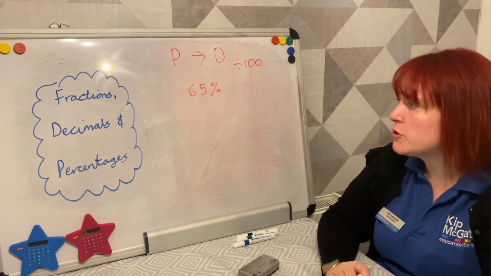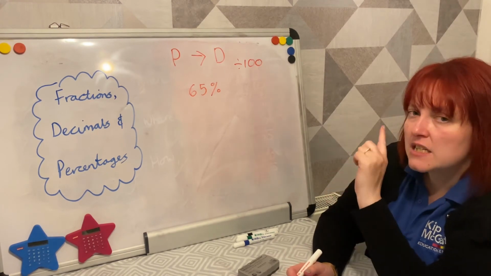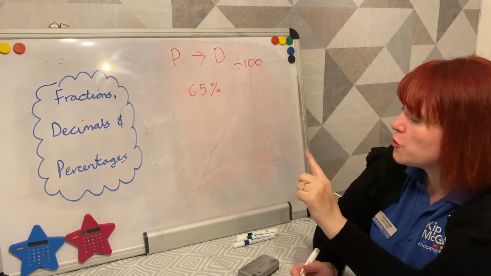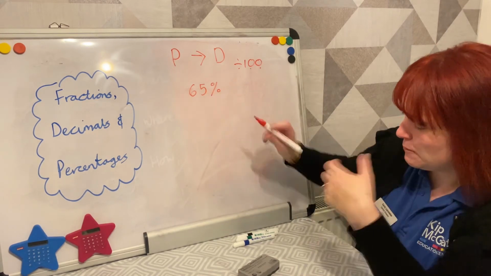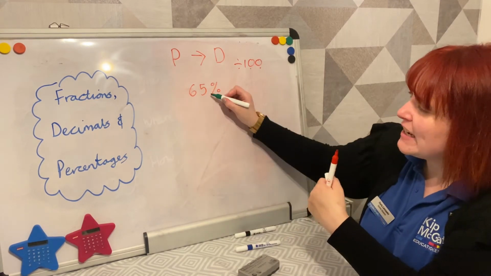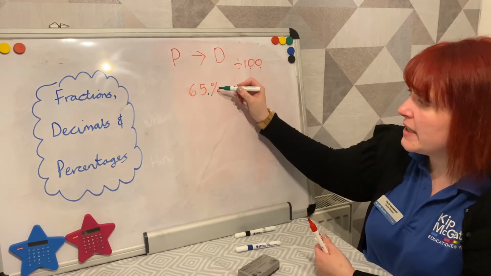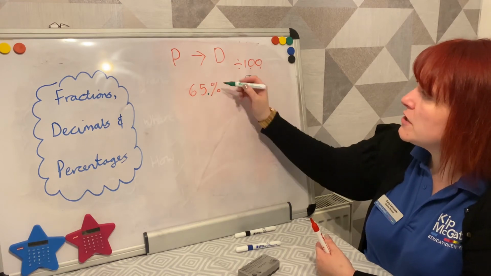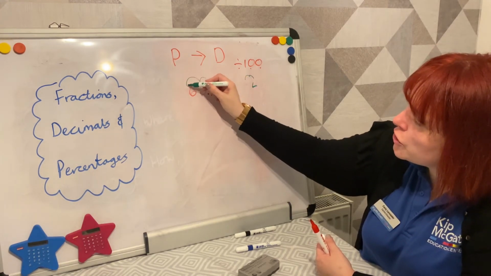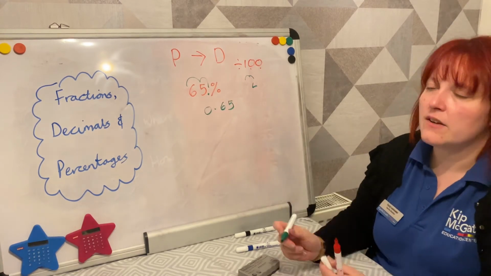So if I divide by 100, I'm now getting 100 times smaller. So I'm moving to the left and I'm moving 2 places because there's 2 zeros. So we've got an invisible decimal point here. We don't write them when they're at the end of a number and there's nothing after it, but we've got a decimal point there. So I'm moving it, and we've said 2 places to the left. So 1, 2. So our new decimal is 0.65.